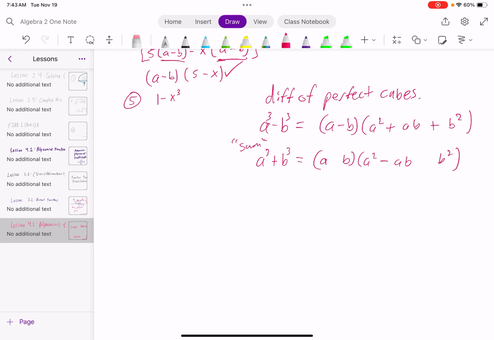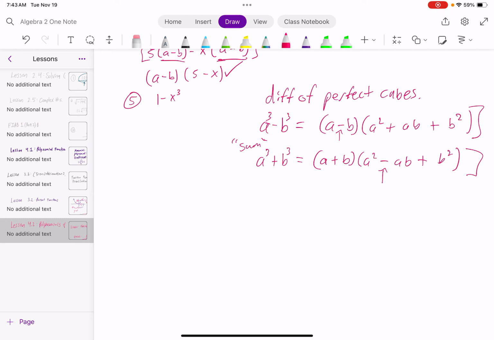There's only one negative sign per equation, here and here. In this case, it was here. This time it was right here. And the rest are positives. And that's how you can memorize it. Okay? Let me just double check that really quick. Looks pretty good.